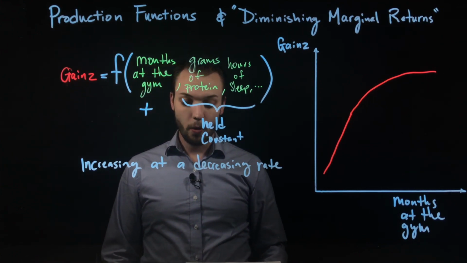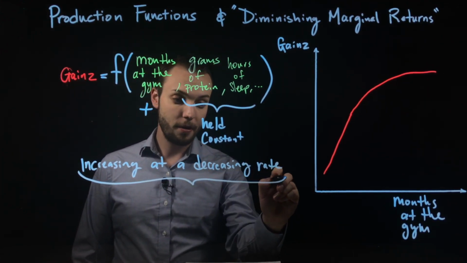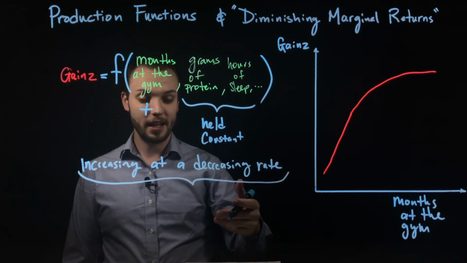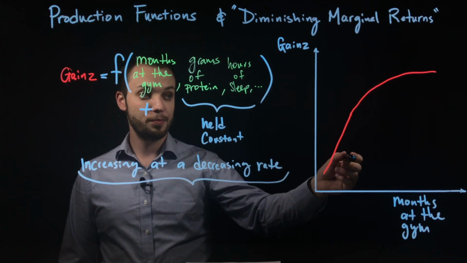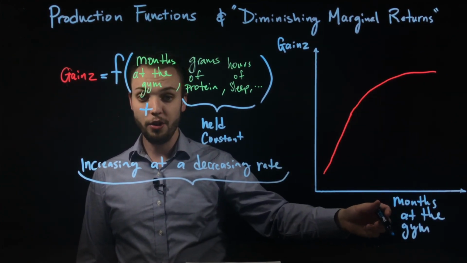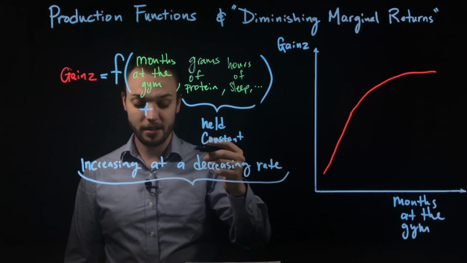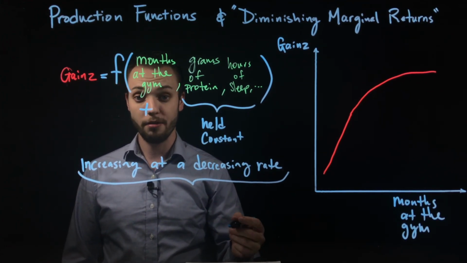Okay? So when we see a production process that behaves like this, where your additional inputs produce smaller and smaller additional outputs with every unit of input that you put into the production process, then we say that this production process can be characterized by diminishing marginal returns.